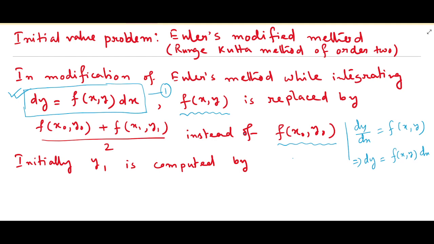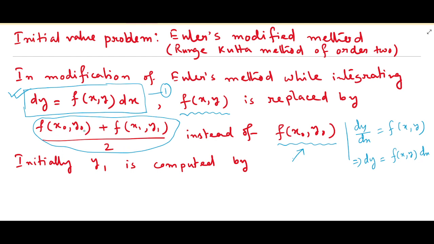Now, in place of f of x naught comma y naught, we are going to put this expression: f of x naught comma y naught plus f of x1 comma y1, divided by 2.